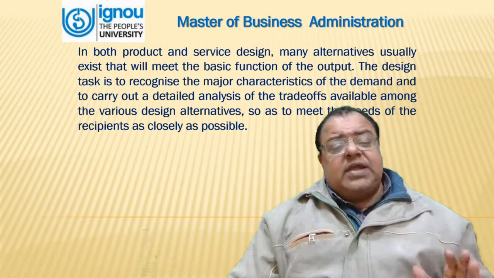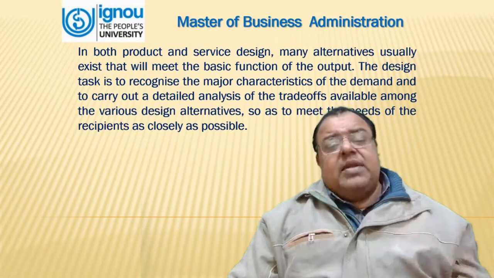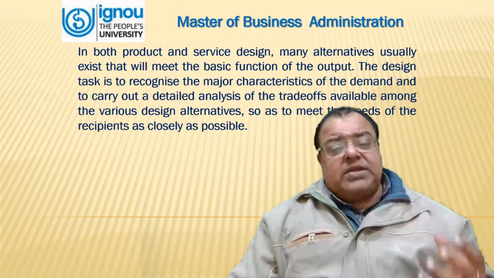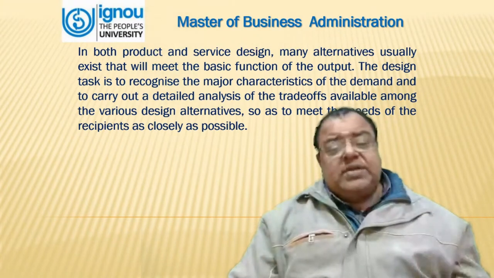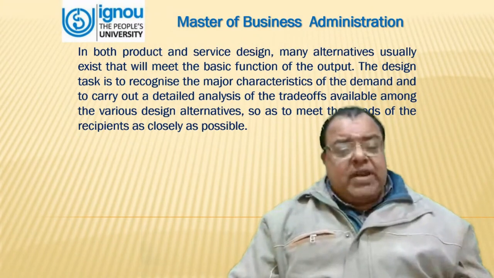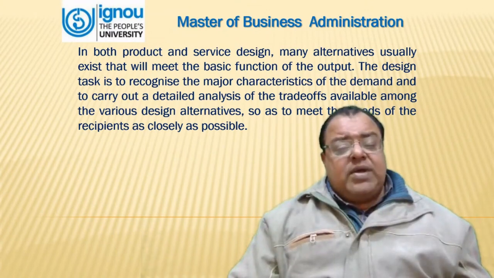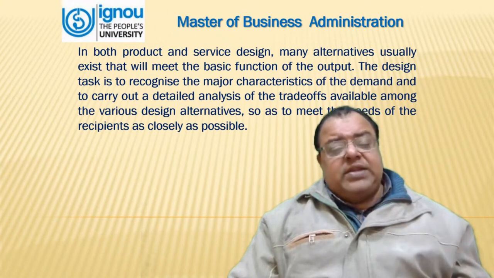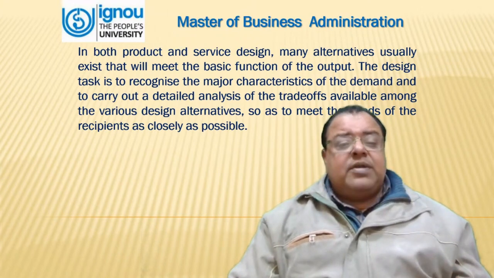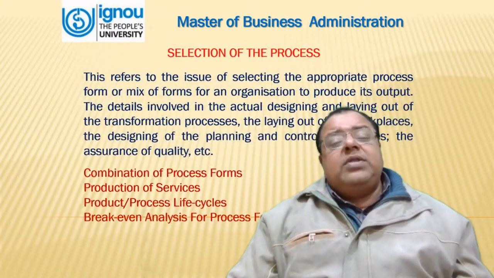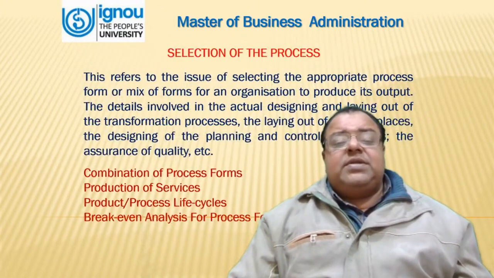The design task is to recognize the major characteristics of the demand and to carry out a detailed analysis of the trade-offs available among the various design alternatives so as to meet the needs of the recipient as closely as possible. How the selection of the process takes place.